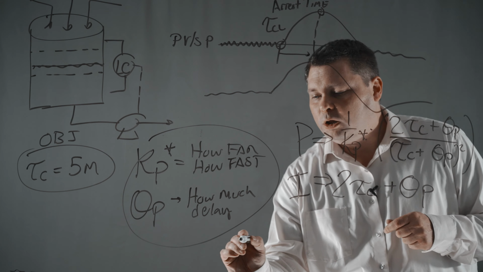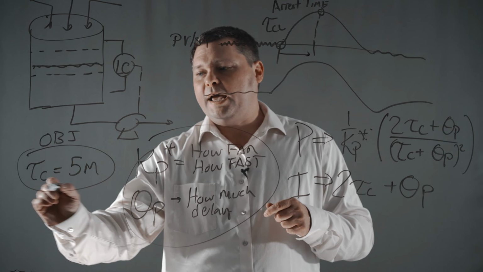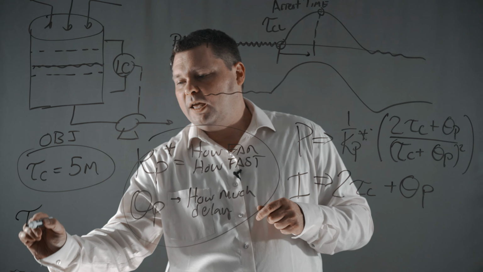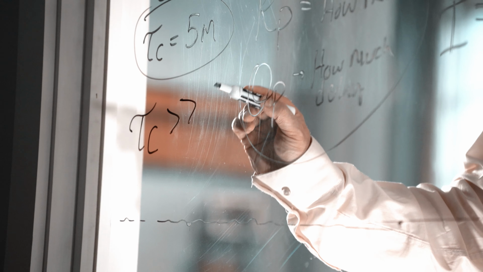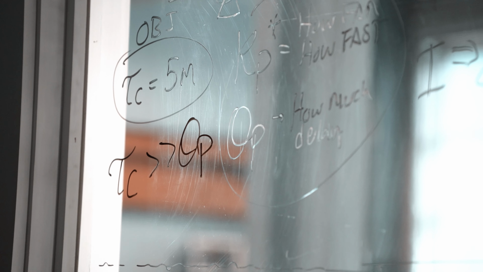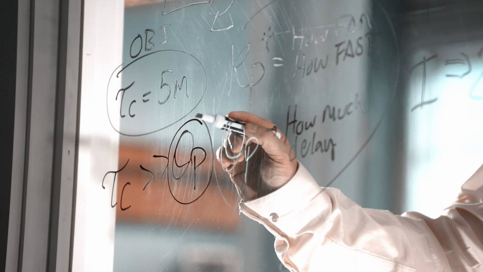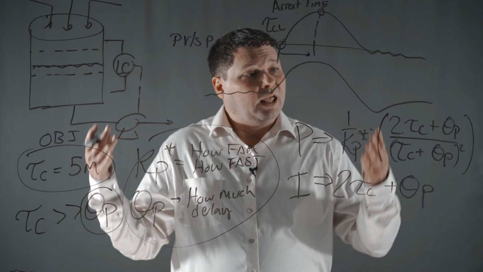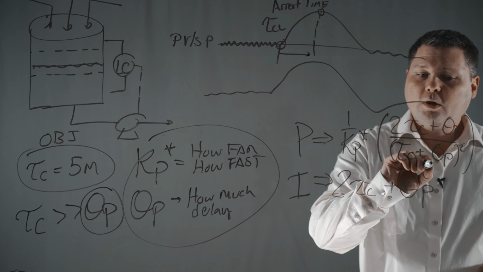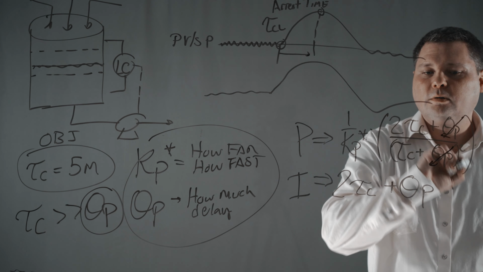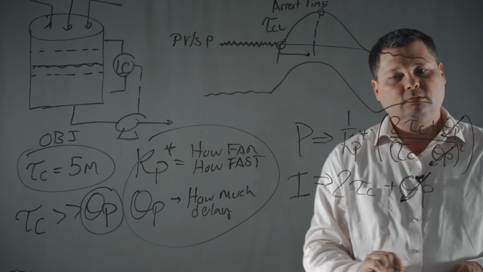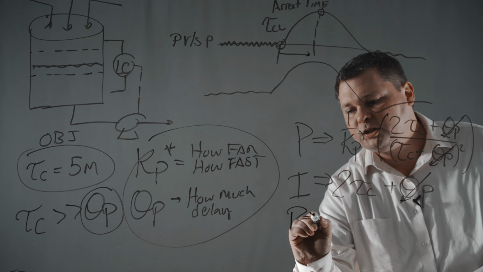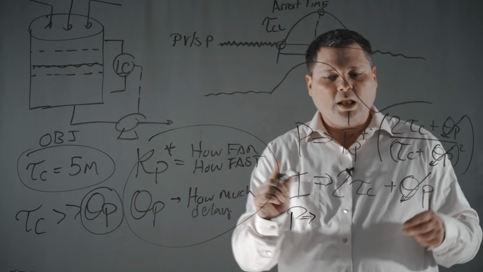Oftentimes, if your closed loop time constant, this arrest time here, is larger than the dead time, so if your closed loop time constant is much larger than your dead time, you can assume that the dead time is not that relevant in the process dynamics. If that's true, you can set these to 0 in the tuning correlation, and you can end up with a very simple set of first pass tuning correlations for a level controller.